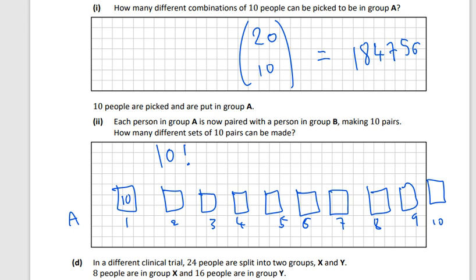Then the second person gets to choose. There's only nine people left to choose from because one person is gone, and then there's 8 people, 7 people, 6 people, 5 people, 4, 3, 2, and then the last person only has one person left. They have to take whoever is left. So that's just one way of looking at it. So it's 10 factorial. So it's going to be 3628800.